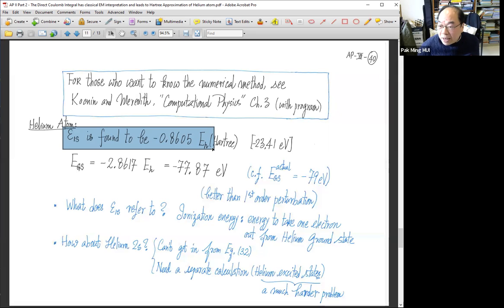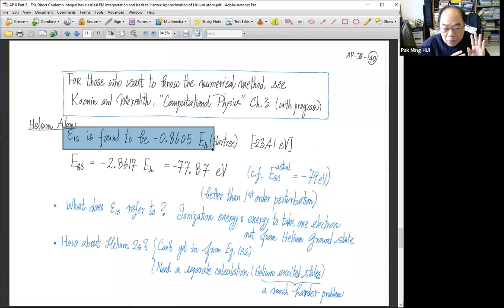This is actually in good comparison with what is called the ionization energy. That is to say, I have a helium atom in the ground state, how much energy I need to take one electron from a neutral atom, take that electron out and free it from the atom. That is the ionization energy.